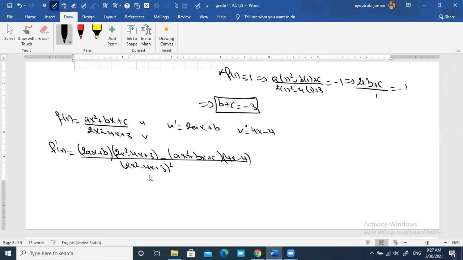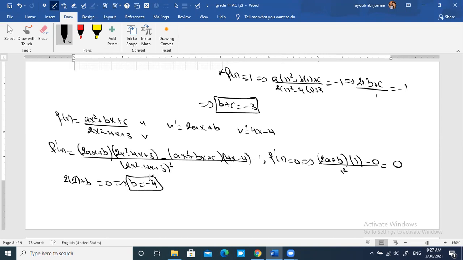Now f prime of 1 is equal to 0, then replace x by 1, so you get 2a plus b, and here you get 1 minus, hey, 4 minus 4 is 0, so I'm going to write minus 0 over 1 squared is equal to 0. Don't forget that a is 2, so you get 2 into 2 plus b is equal to 0, then b is equal to negative 4.